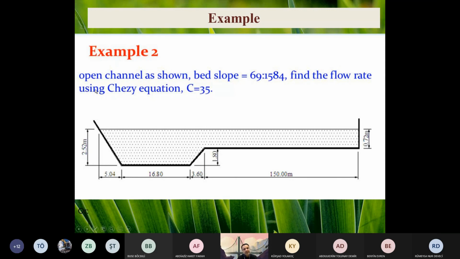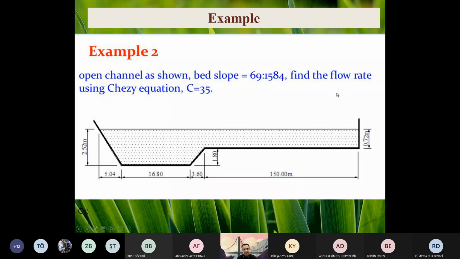And the question says that for the open channel as shown, the bed slope is given as 69 per 1584. It means that for a 69 meter drop, we have such an increase in length, 1584. Find the flow rate. Flow rate means discharge.